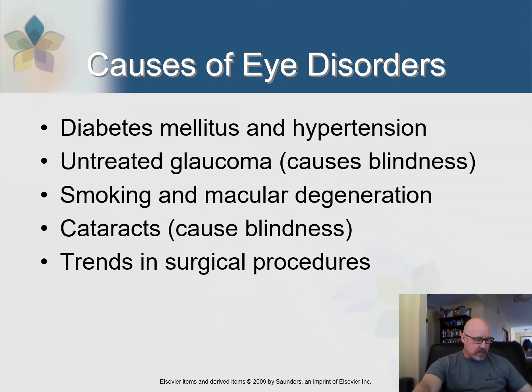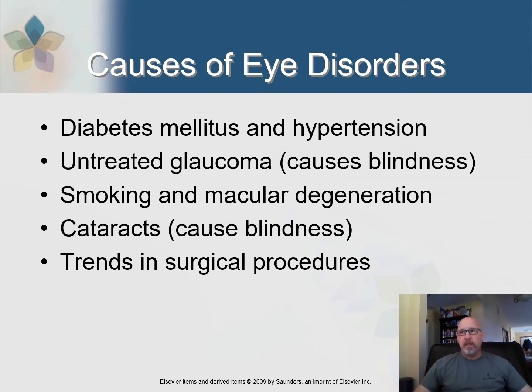Additional things that cause eyes to degrade are things like diabetes. You end up with diabetic macular degeneration, which can occur in the eye. Glaucoma, and we'll be going over glaucoma in more detail in later classes.